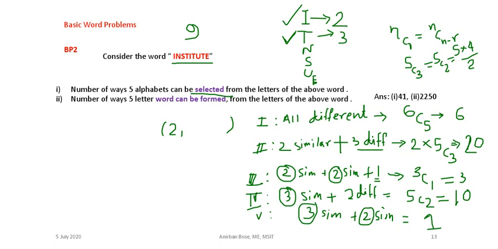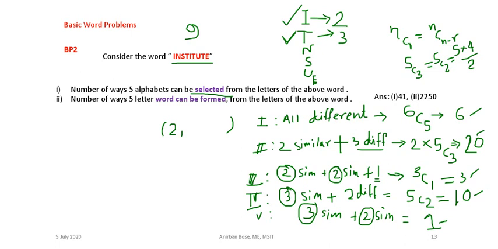That means 3T and 2I. So total how many cases? You can see 6 plus 3 is 9, 9 plus 1 is a 10, 10 plus 10 is 20, 20 plus 20 is 40. Okay, is there any other case?